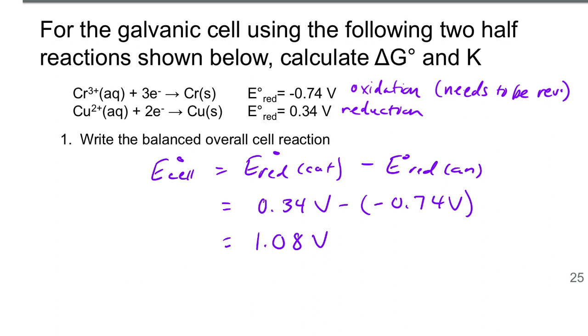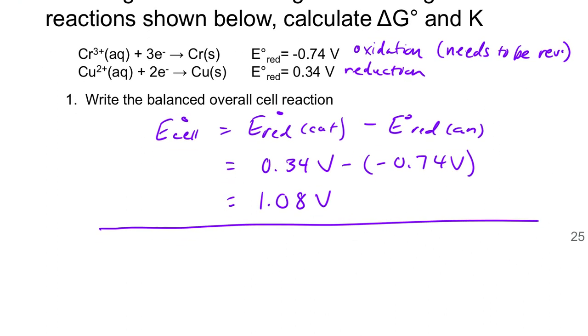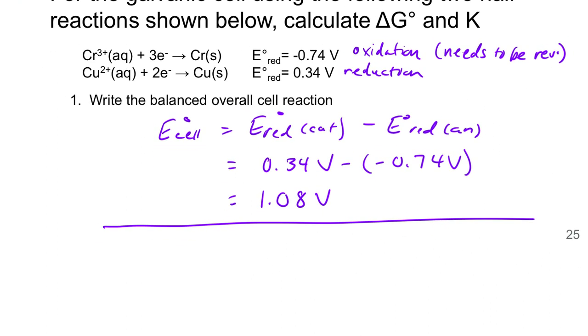So now that I've done that, I know which is the oxidation and which is the reduction half reaction. Now I can go about doing the balancing and adding these equations together and figuring out the number of electrons transferred. So luckily, these half reactions are relatively easy to balance.